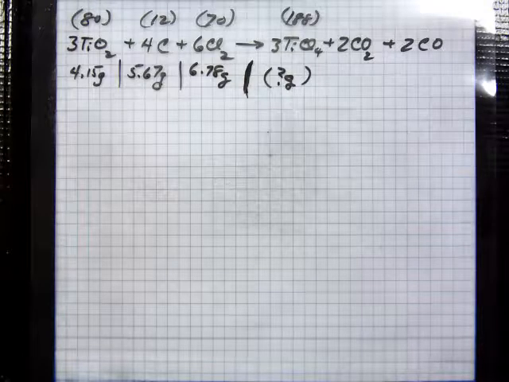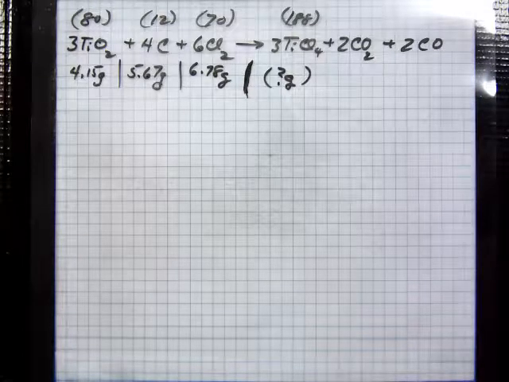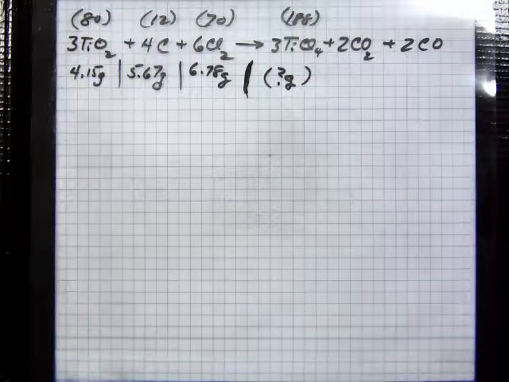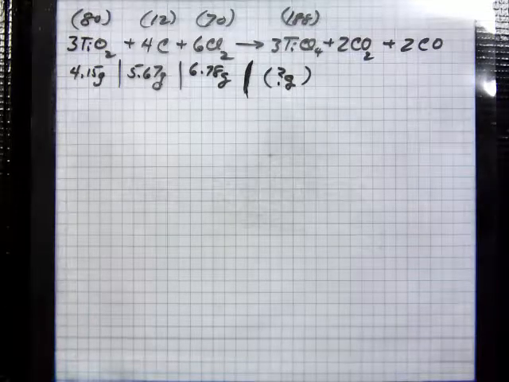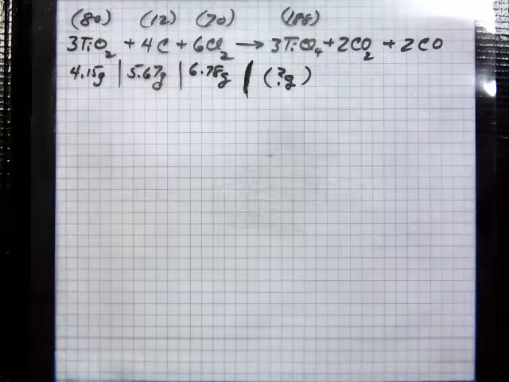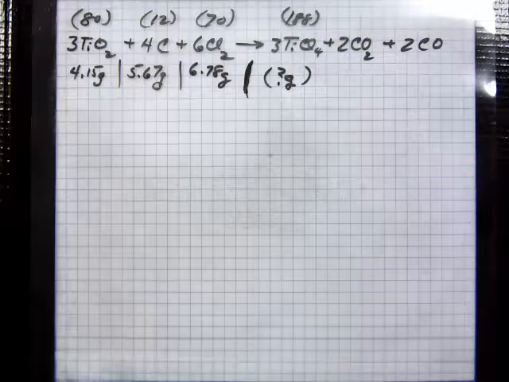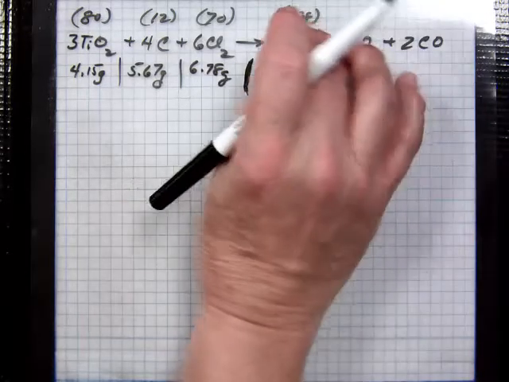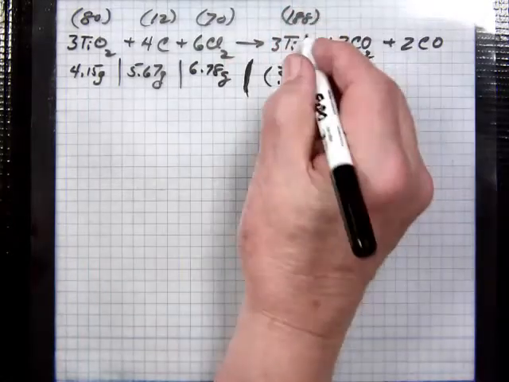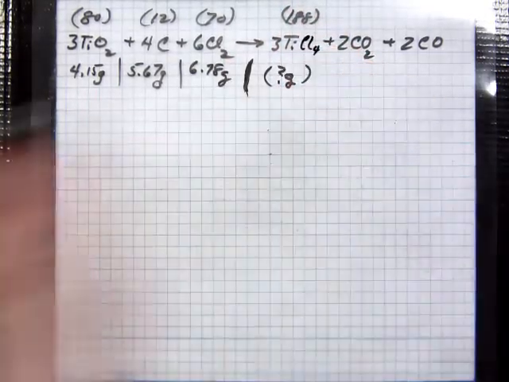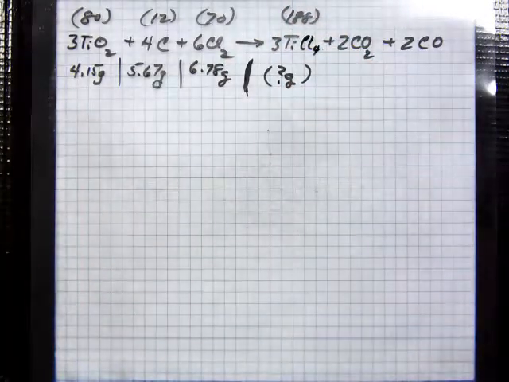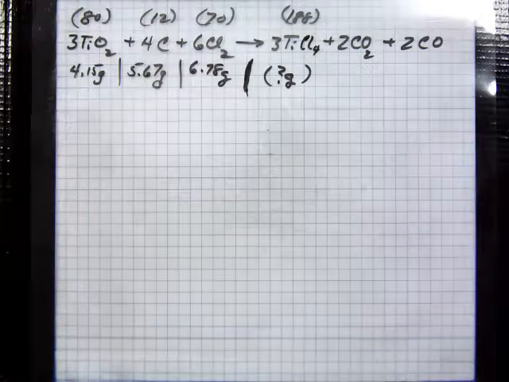So there are some formula weights we'll need to get into the problem. What's the limiting reagent? And simply how much titanium tetrachloride will be produced. Easy, huh?